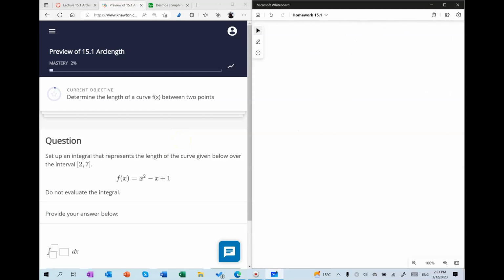And let's go to problem number 2. In this case, we are asked to just set up an integral. We don't have to solve anything, but to practice the skill, I'm just going to follow the same steps as before. Once again, I remind you that the formula that we're using is this.